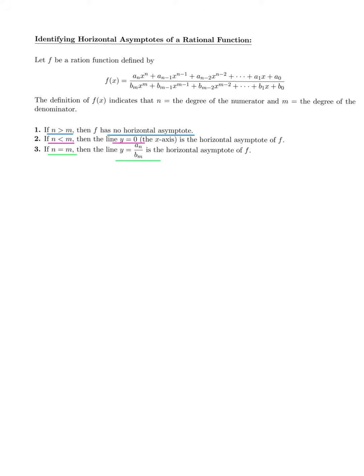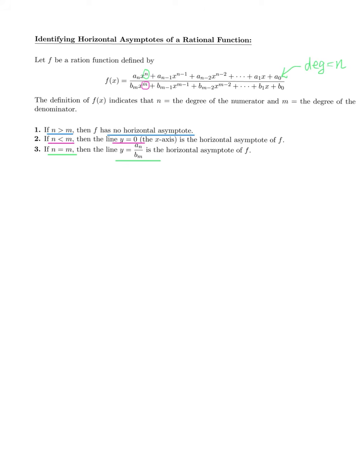So basically the degree on the top is n because the highest degree is given by n. Now on the bottom, what determines the degree is m.